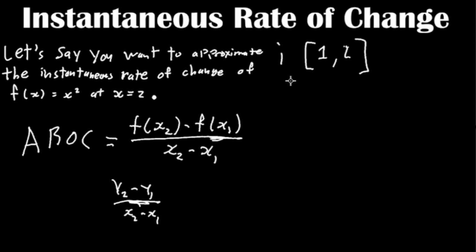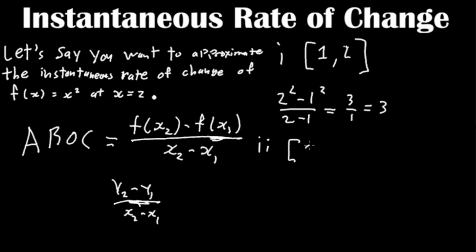Our average rate of change for the first one is going to be 2 squared minus 1 squared over 2 minus 1. That top is going to be 4 minus 1, so that's 3 over 1. That's 3.